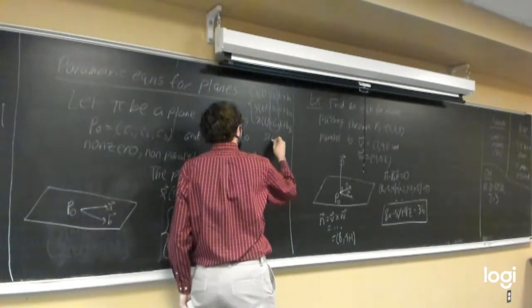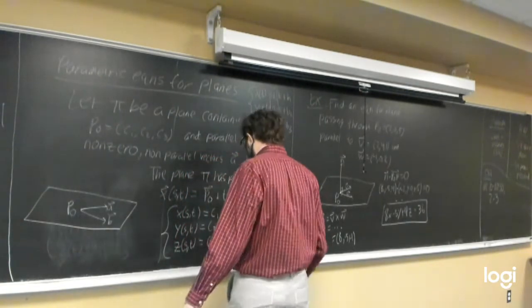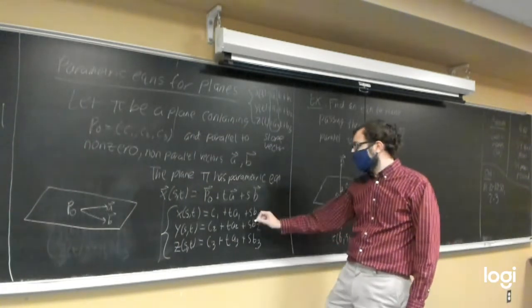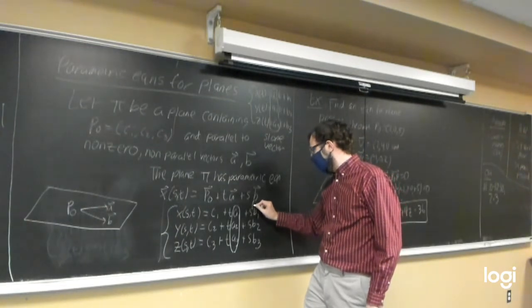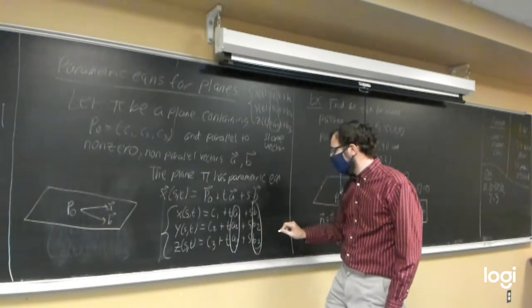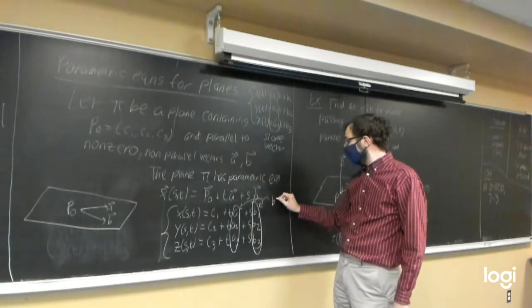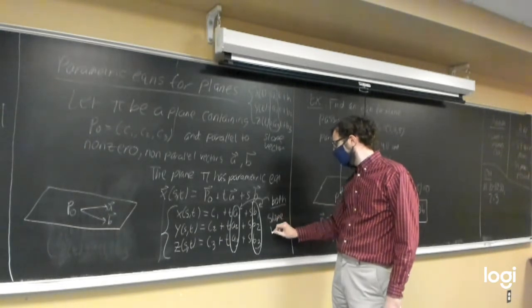So that a1, a2, a3 gave us the slope vector for our line. If you use the parametric equation for a plane, you actually get two slope vectors. The a1, a2, a3, and b1, b2, b3 are both going to be slope vectors.